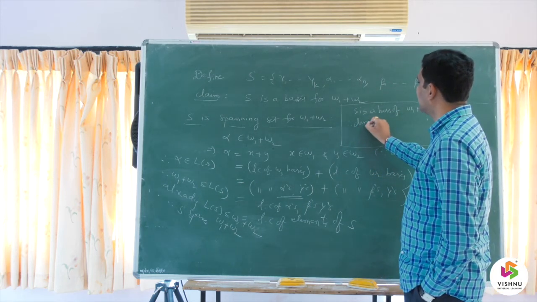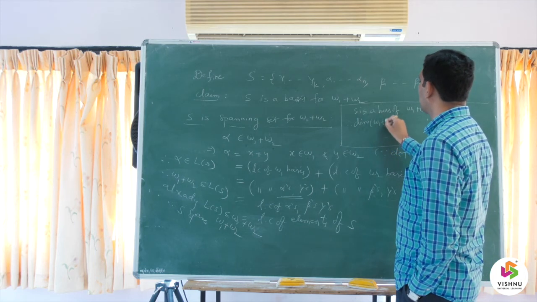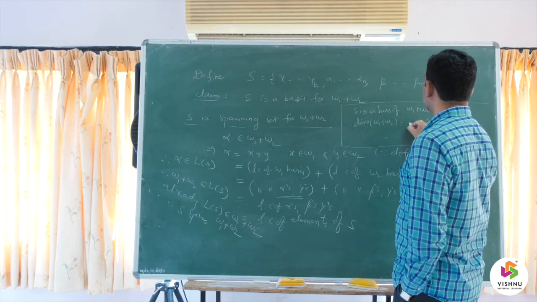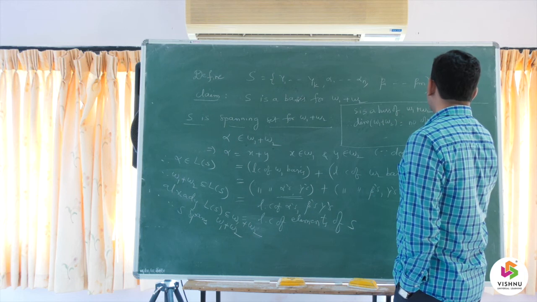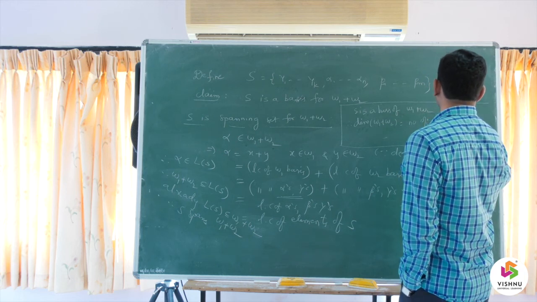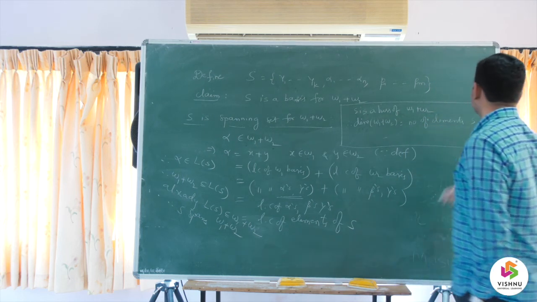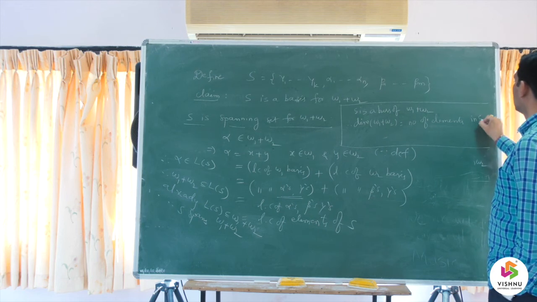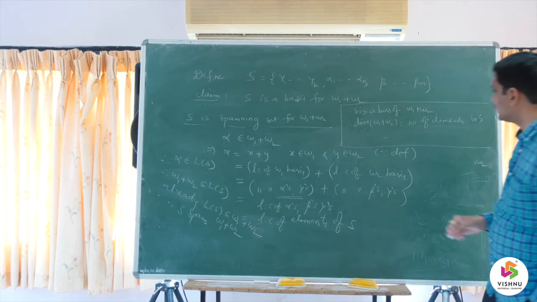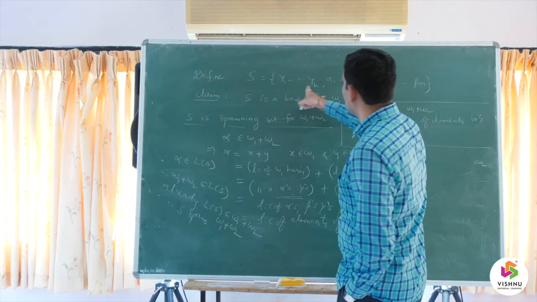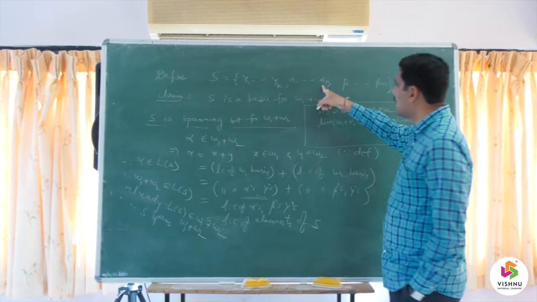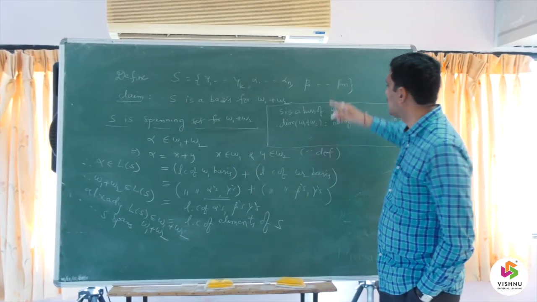Therefore, what is the dimension of W1 plus W2? It is the number of elements in S. So how many elements are there in S? You can observe gammas are k in number, alphas are n in number, betas are m in number.